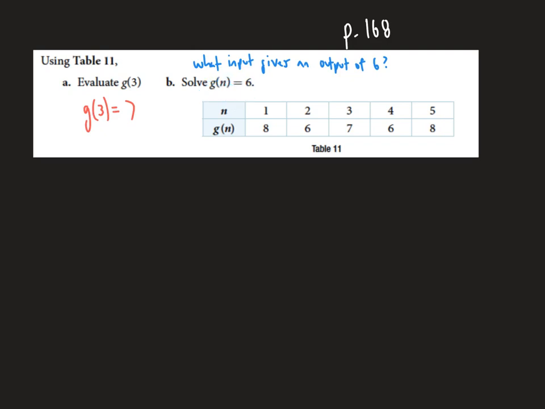Look here, there are multiple outputs of 6, so there are multiple inputs that give us that output. So n could equal 2 or 4. I believe when you're doing the homework, it asks for a comma separated list, so it would look like that, 2, 4. So there's using a table to find values.